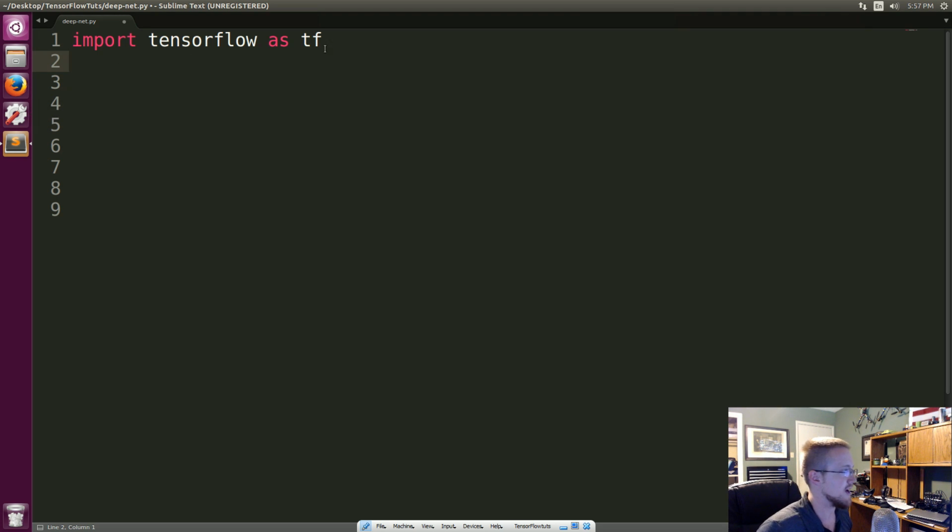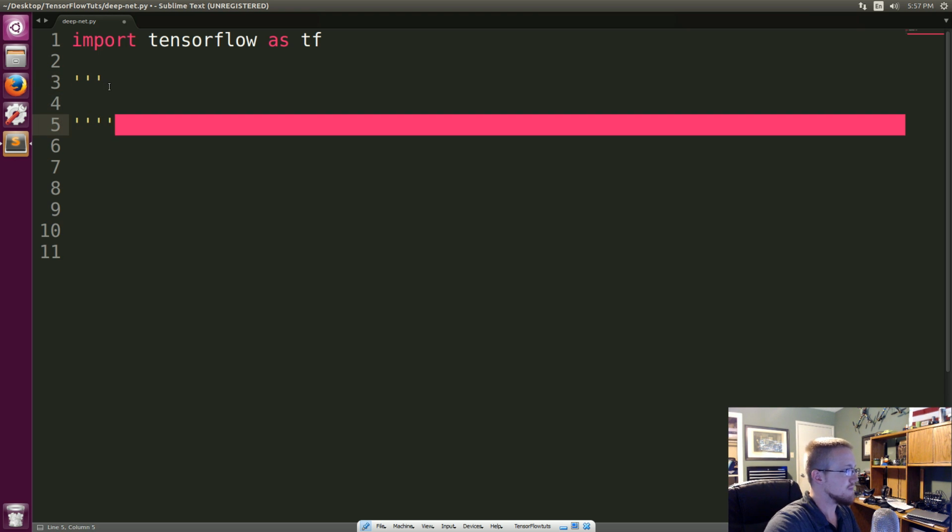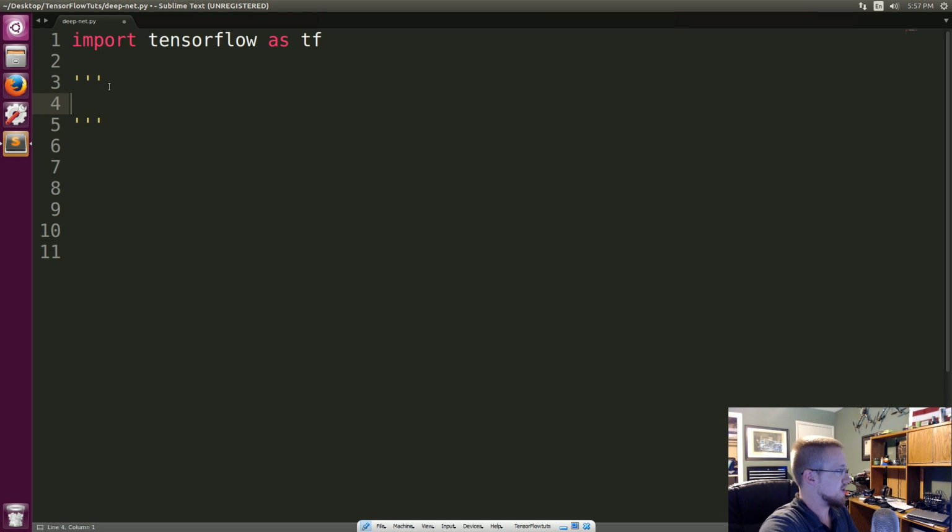Okay? So first, before we start writing code, I'd like to condense a little bit what we're going to be doing. I'll just write it on here really quickly, as a quick recap. First of all, we have our input data. And we send the input data to, let's say, hidden layer 1.